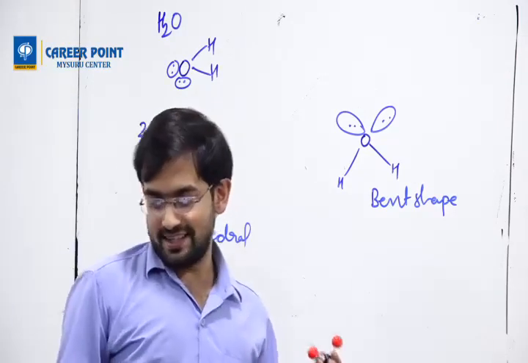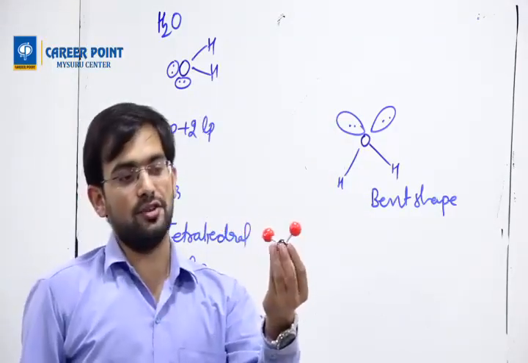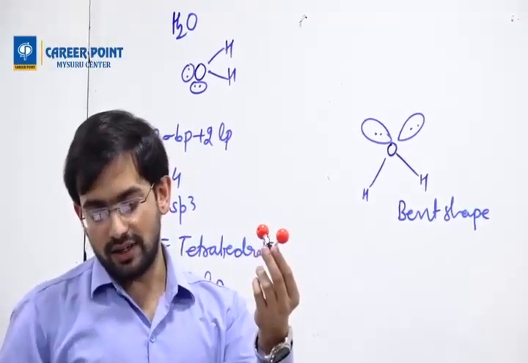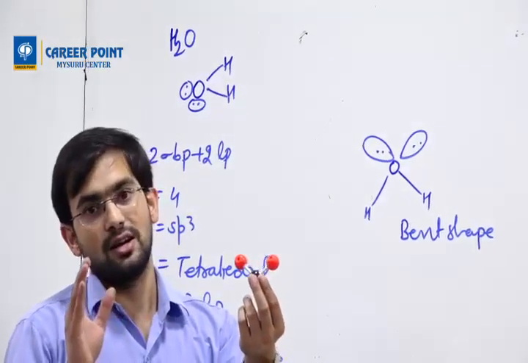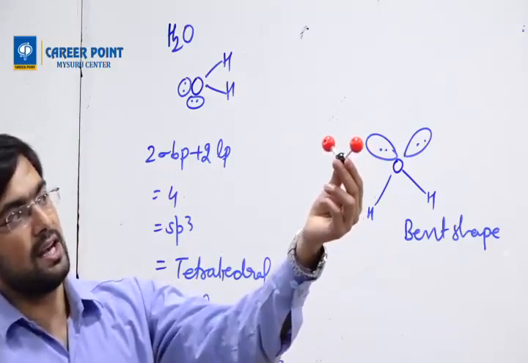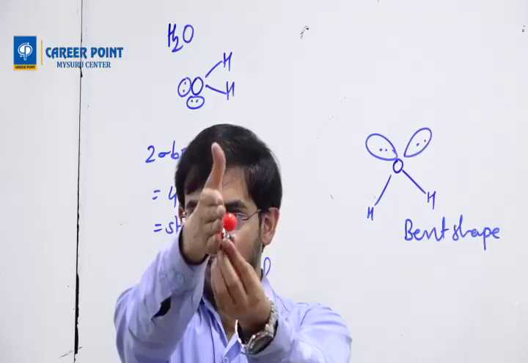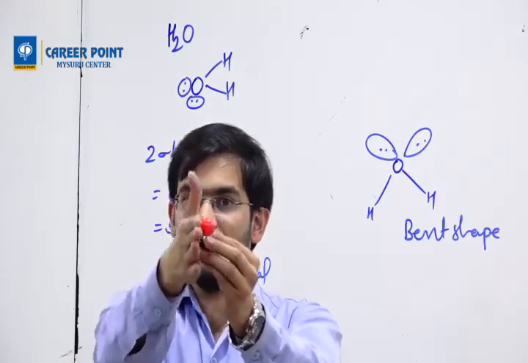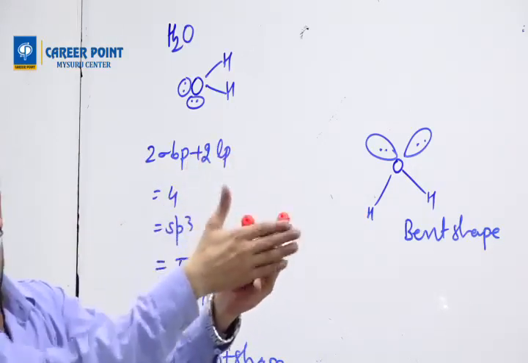So the answer is incorrect. This molecule is planar. Whenever you want to find out whether it's planar or non-planar, we only look at atoms. We don't look at electrons. Atoms are here. Can you see all three atoms in one plane? All three atoms are in one plane, right? Or I can have one plane like this.